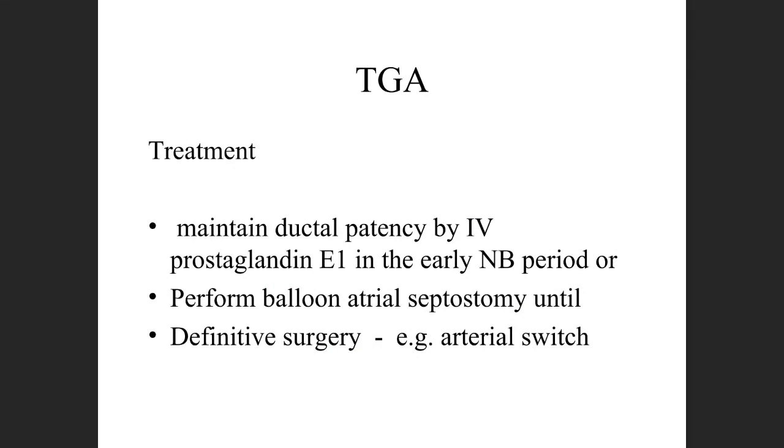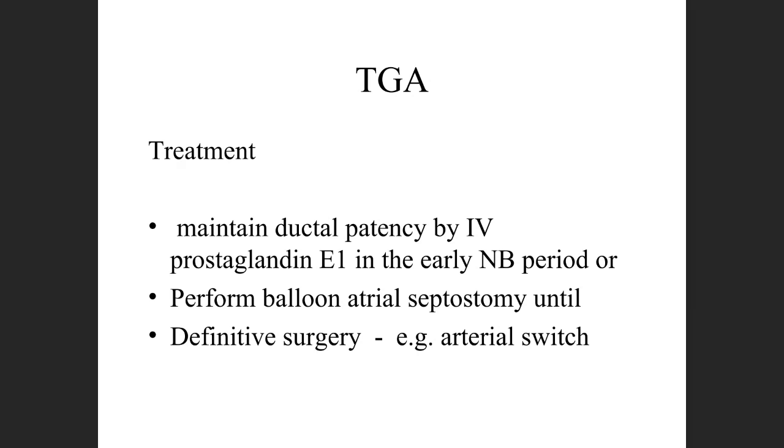So if a child is born in a not sophisticated facility in the country and you suspect there is transposition of the great arteries, then you would begin an intravenous infusion of prostaglandin E1 in the early newborn period. And this is maintained while the patient is transported to a facility where further investigations and management can take place.